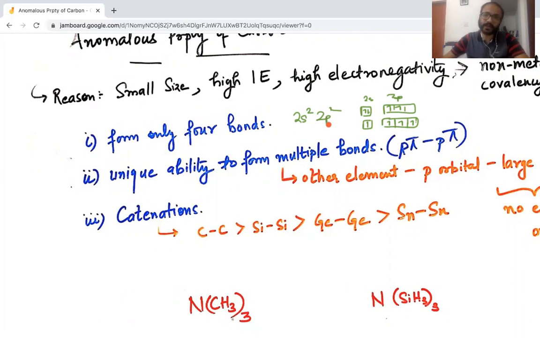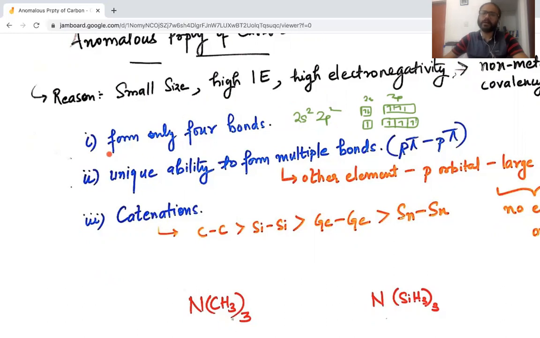So it can now also participate in some form of bonding. So silicon can expand its valency beyond 4. However, carbon can only form 4 bonds, and that is one of the important properties that this particular group shows.